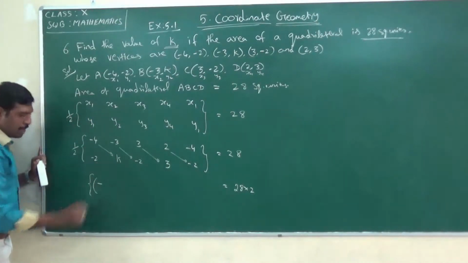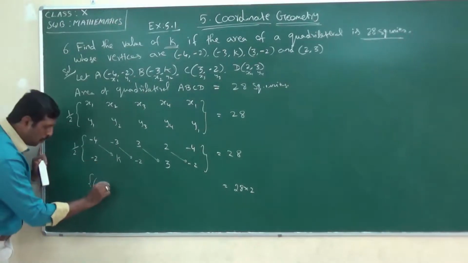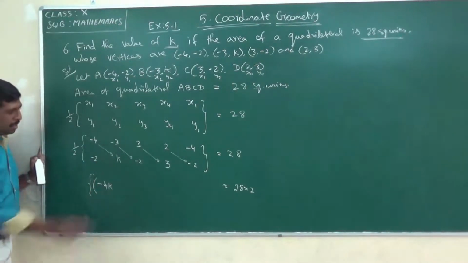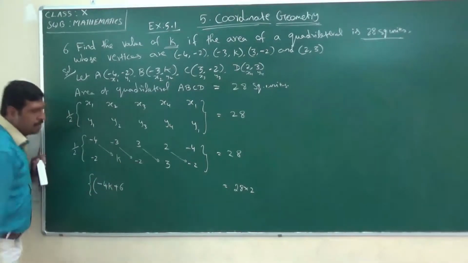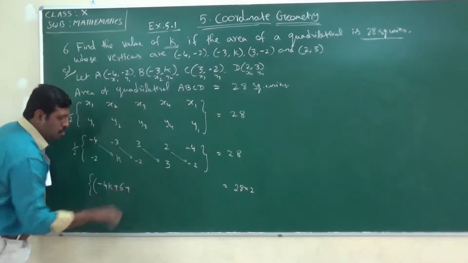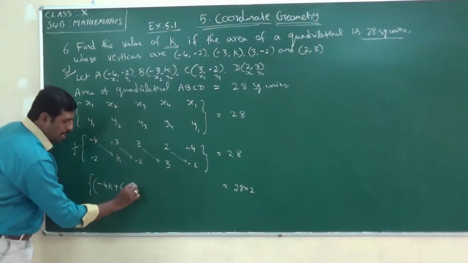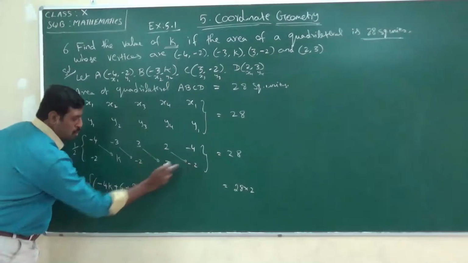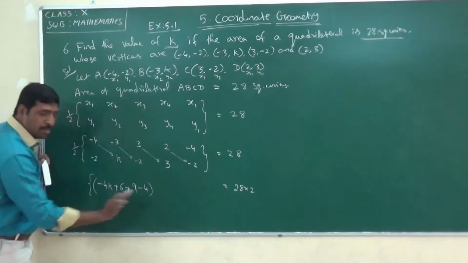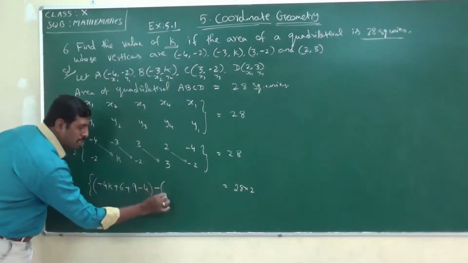Minus into plus, minus 4 into k, 4k. Minus into minus, plus 3 2s are 6. Both having the plus symbol, so put plus, 3 3s are 9. Here plus into minus, minus 2 2s are 4. First term is completed, minus of the second term.